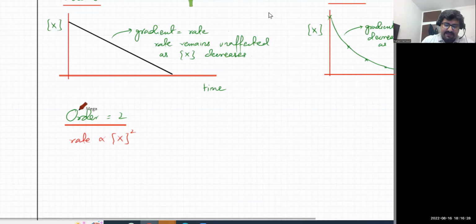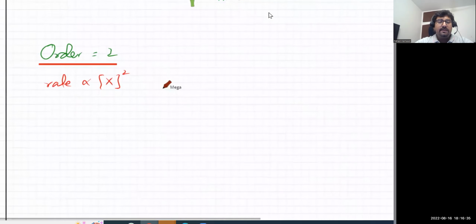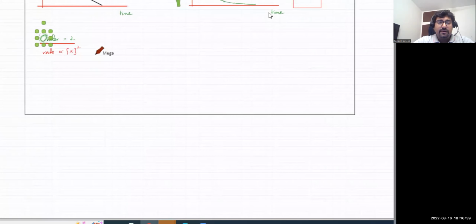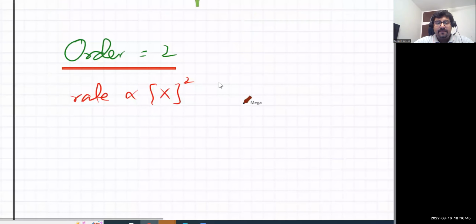So what will happen in this case is that if the reactant gets used up, the rate will slow down not proportionally but by a much bigger amount. It's going to slow down too much. During the reaction, if the concentration of X decreases by half, the rate will decrease by 1/4.